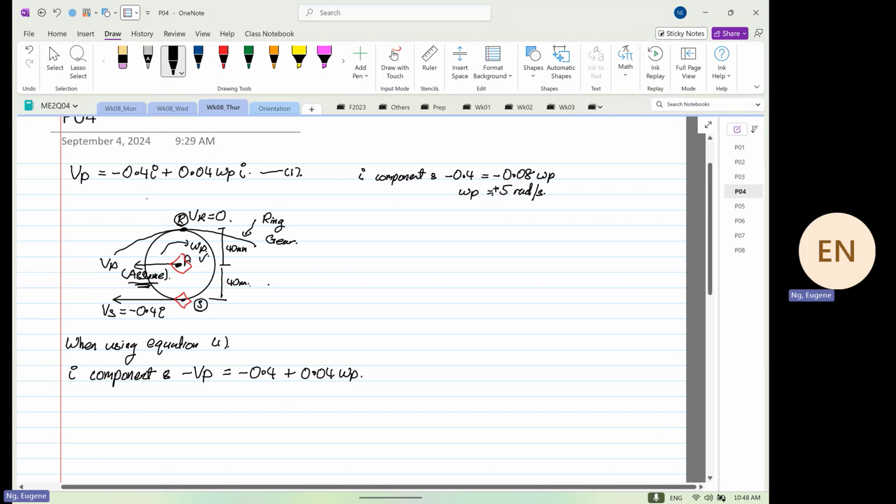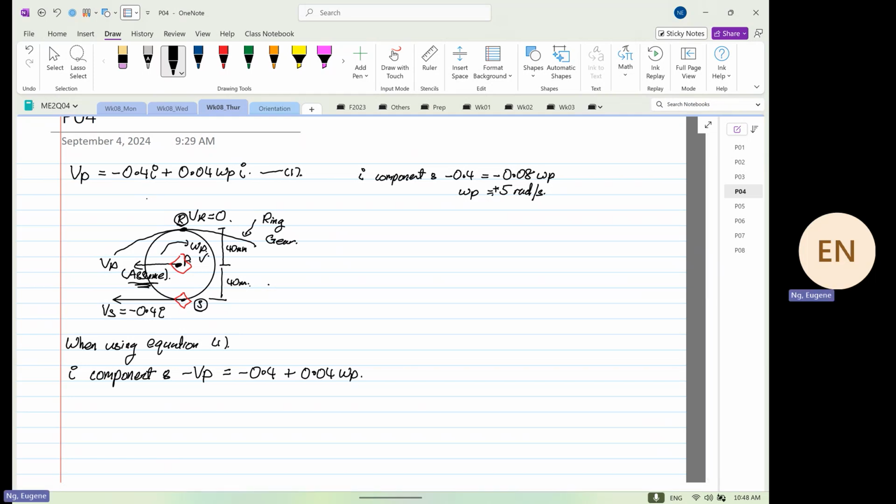Okay. Now down here, we have to be very, very careful. Did I write the radius properly? 0.04. Yep.